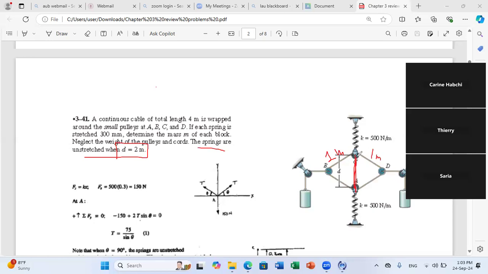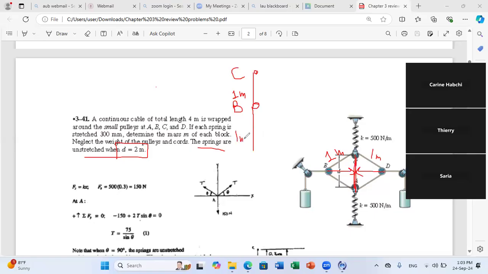What can be the maximum distance between A and C? 2. Okay? So when you have 2 meters, this means that B and D are on the same location. To illustrate the initial position, C was up. You have cable CB in the vertical position equal to 1 meter, and cable BA also in the vertical position with 1 meter.